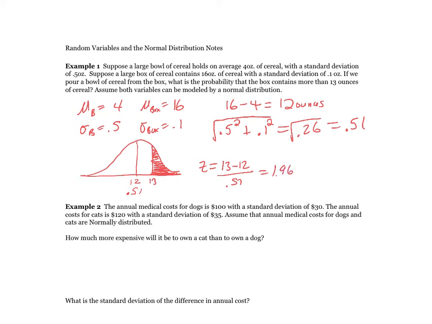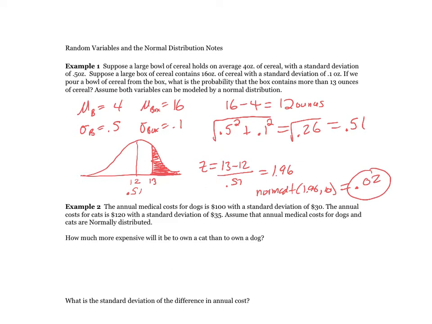And then to look that up, I would do normal CDF, 1.96 to 10, because I'm going to go off the graph to the right. On my calculator, I get about a 2% chance. So not a very big chance that I'm going to have over 13 ounces left in the box.